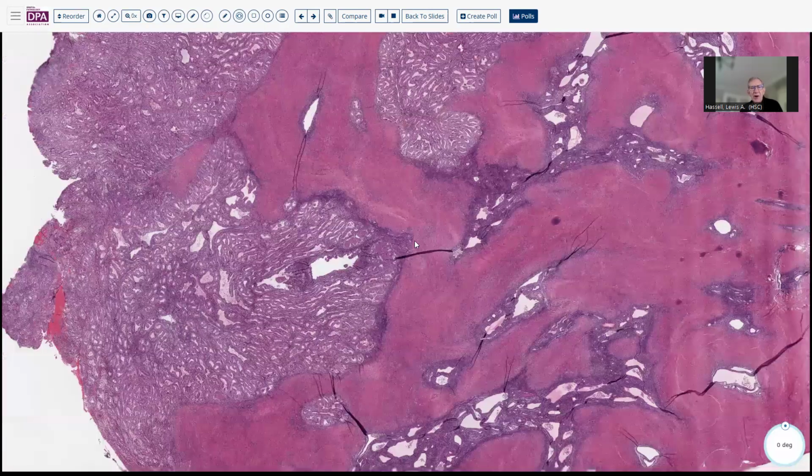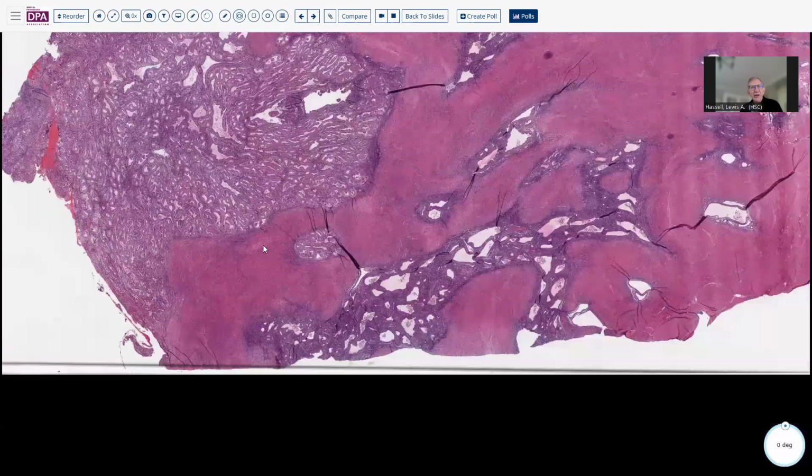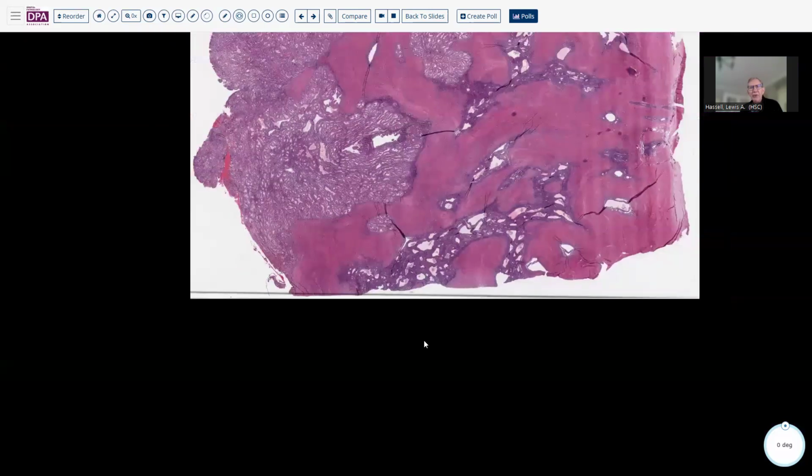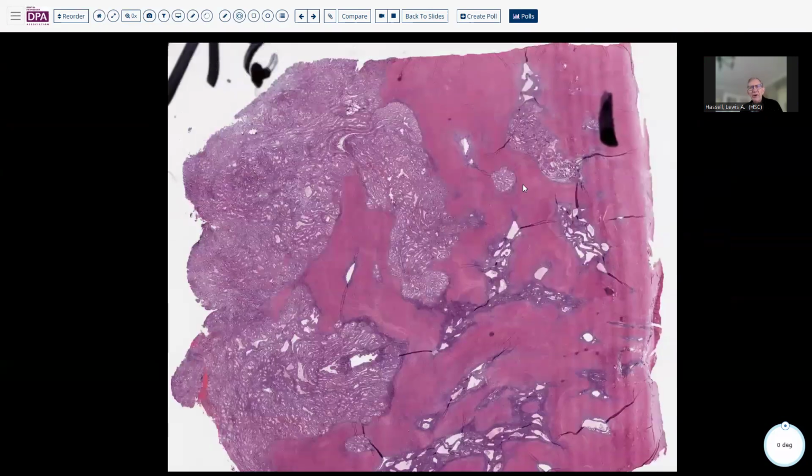Now, the same type of process, I suppose, theoretically could occur with EIN. And so you could have EIN that looks very invasive, but is actually just involving severe adenomyosis, as is the case here.